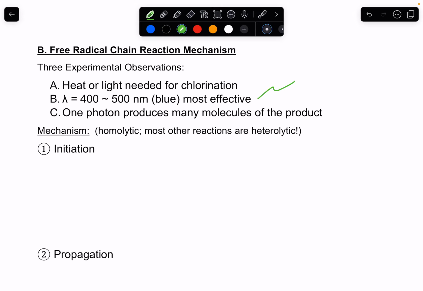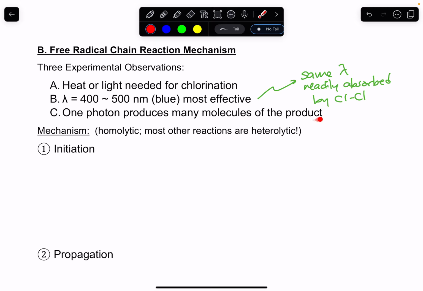Well, this happens to be the same wavelength, lambda, readily absorbed by the Cl-Cl bond. So that's what's significant about that particular observation. And then another observation is that one photon produces many molecules of the product. That third observation suggests it's a chain reaction that just propagates itself.